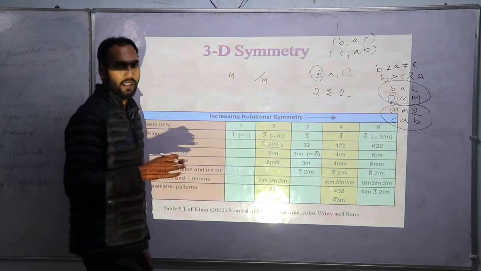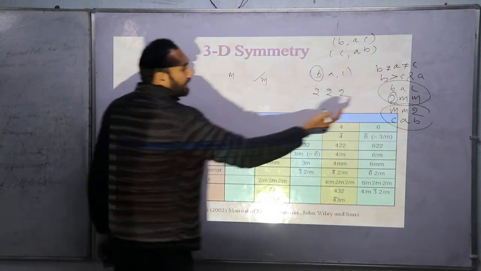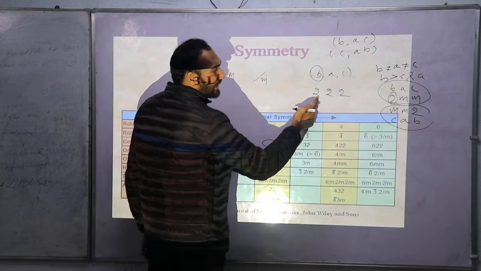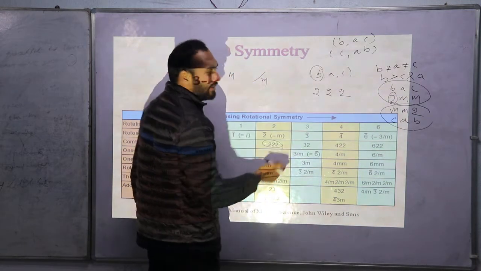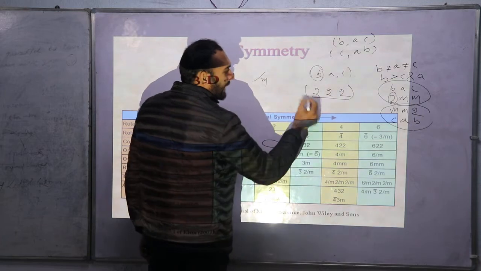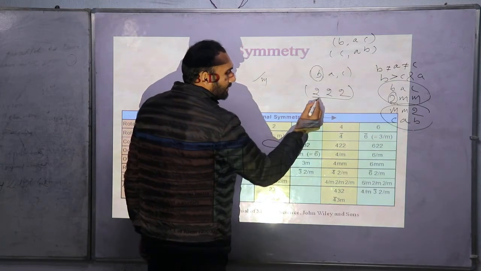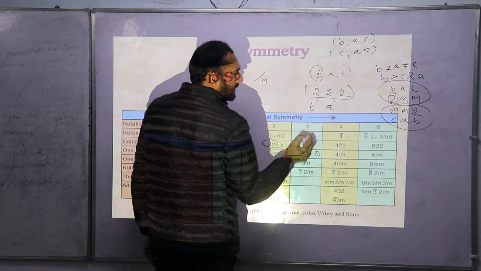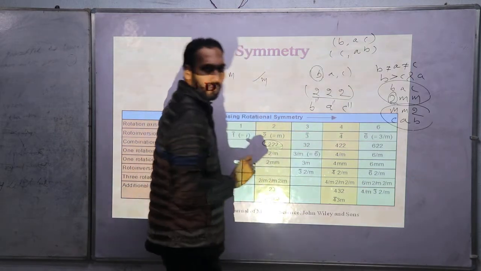Here, if BAC is the pattern and I write 2 2 2, that means B is twofold, A is twofold, C is twofold.